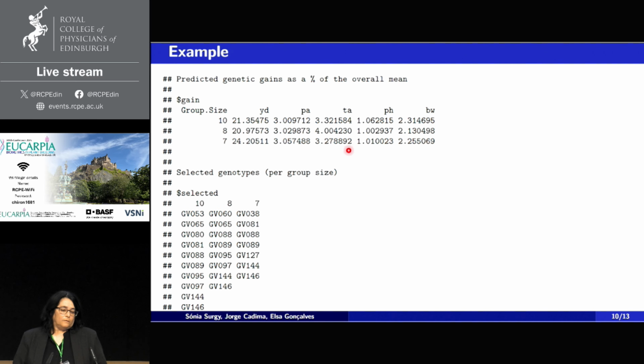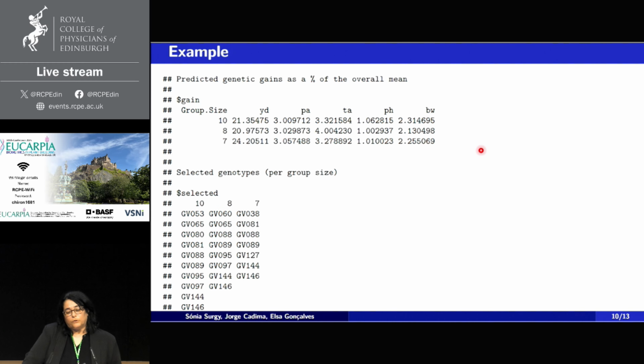Looking here, we can see that not the total of group sizes asked were possible to achieve. So we have gains for the group of 7, 8, and 10 genotypes.